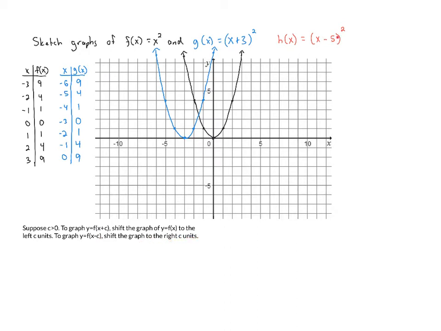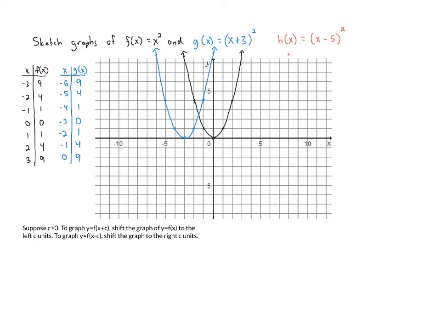So here we're shifting to the right 5 units. So every point on our original function is going to move to the right 5 units. So this point up here, 3, 9, is going to be moved to the right 5 units. So that's going to go up to 8, 9.